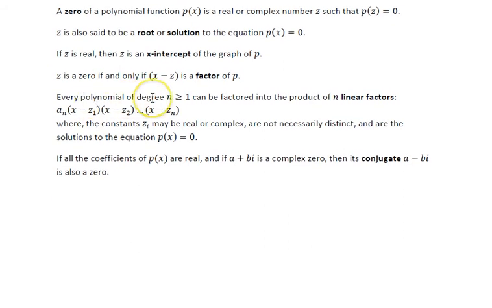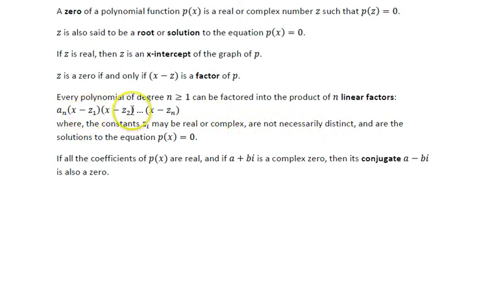Every polynomial of degree n greater than or equal to 1 can be factored into the product of n linear factors. Here we show them with a leading coefficient of a sub n, x minus z1, x minus z2, where these constants, z sub i, may be real or complex. They are not necessarily distinct.